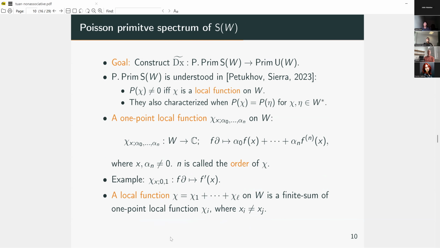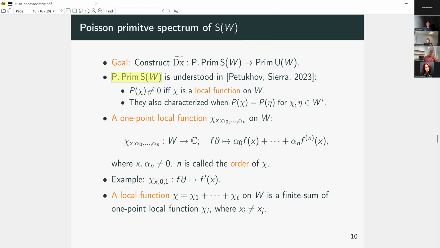Yeah, and one more reason why we want to do this is that we want to understand the primitive spectrum of U(W) via the Poisson primitive spectrum.